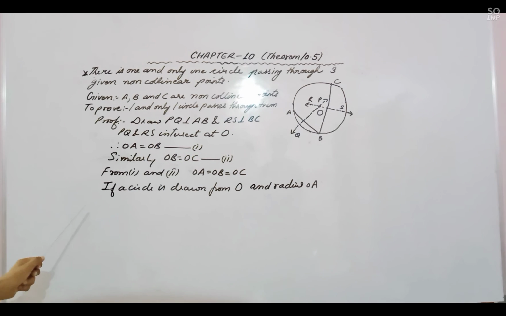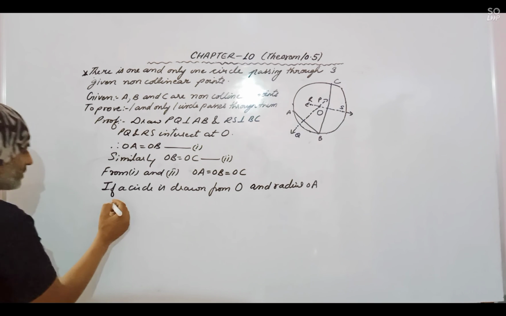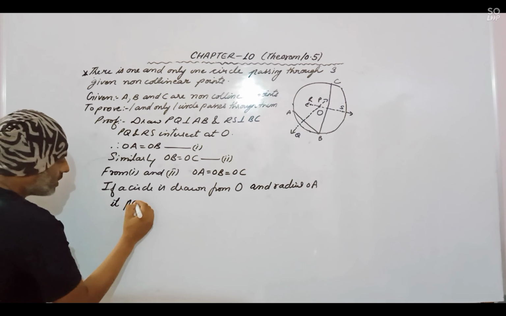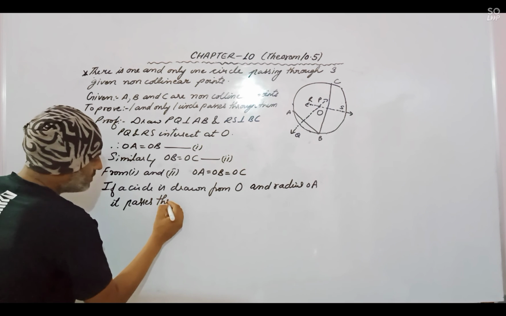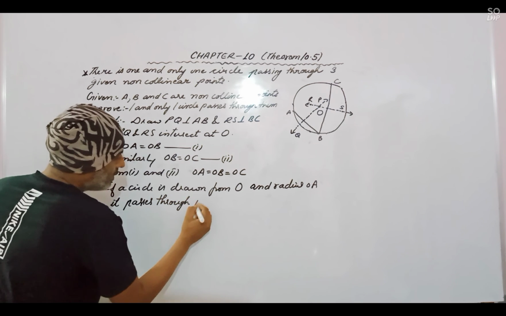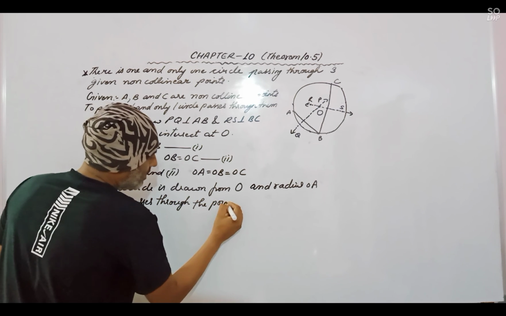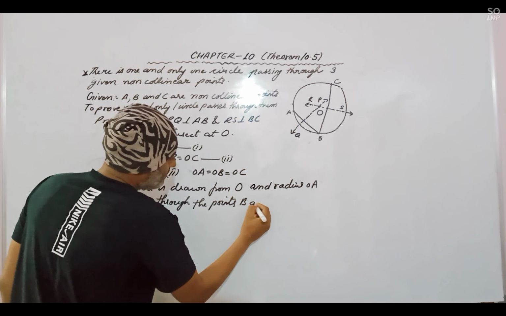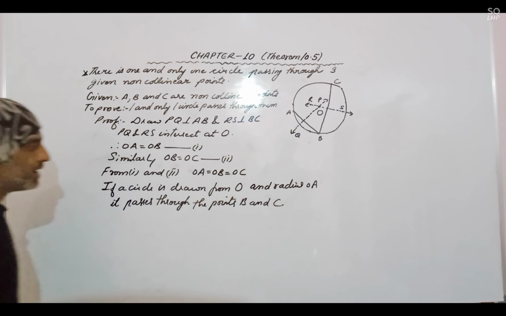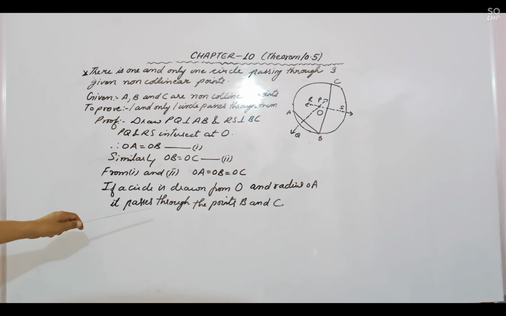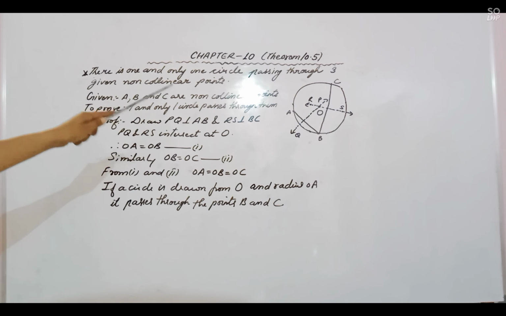So let me complete the statement: radius OA, it passes through the points B and C. Okay, so we have just proved that one and only one circle passes through 3 non-collinear points.